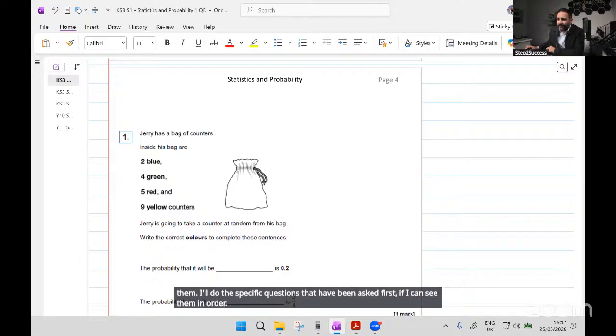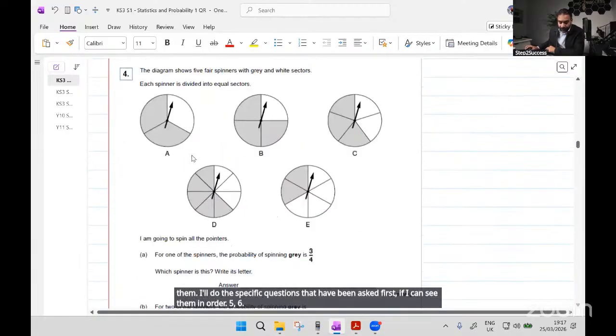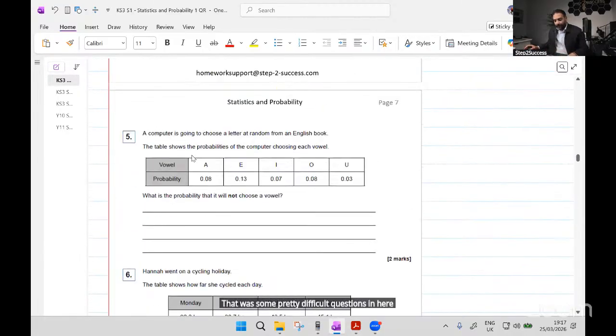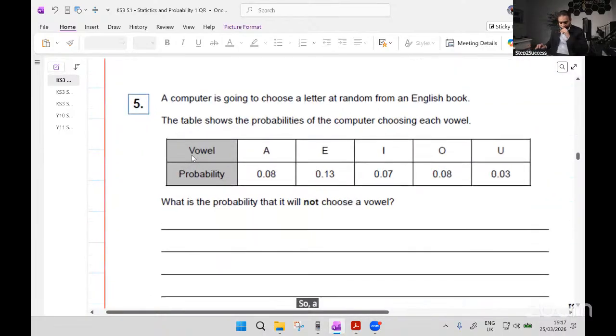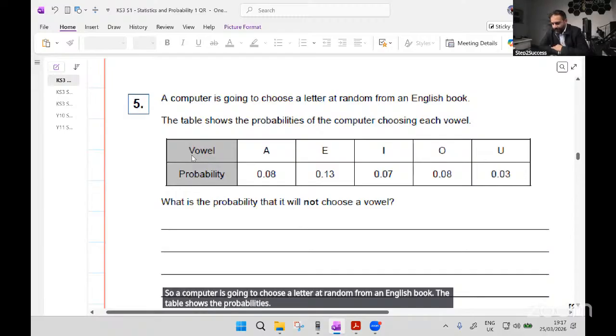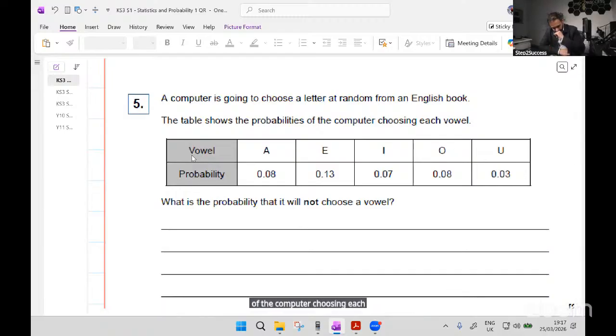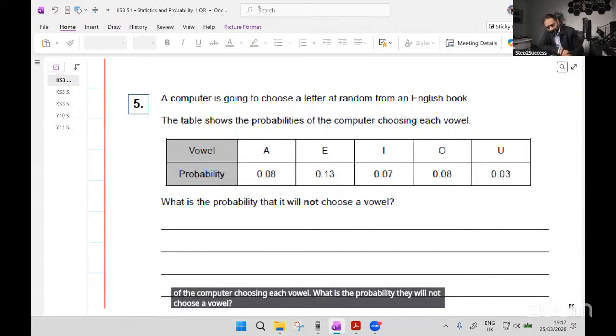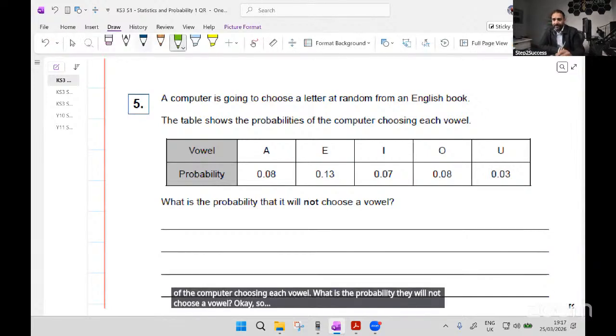Questions 5, 6. There were some pretty difficult questions in here, I will warn you. So, a computer is going to choose a letter at random from an English book. The table shows the probabilities of the computer choosing each vowel. What is the probability they will not choose a vowel? In the letters, there are vowels and there are consonants.